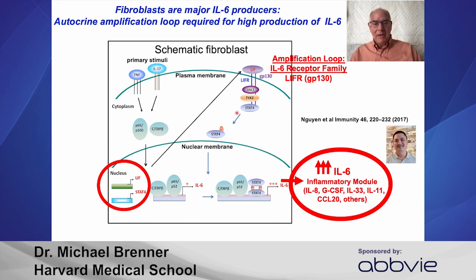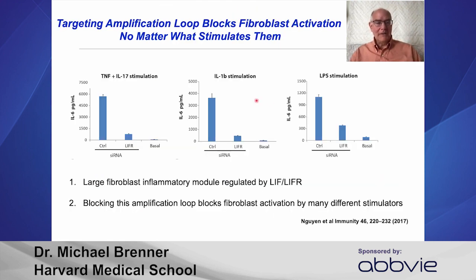And so fibroblasts are activated and then have this cell autonomous or autocrine activation loop that's important in their response. And we think this can be important from a therapeutic point of view because you can block each of the individual things that are activating a fibroblast, but you can block fibroblast activation no matter how it's activated by blocking this amplification loop. And that's depicted here.